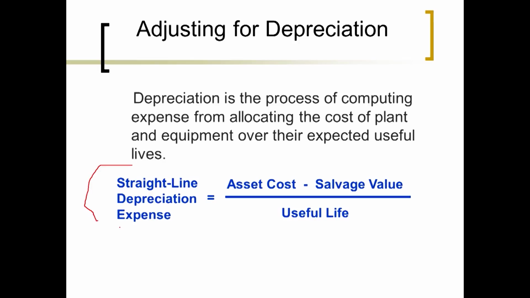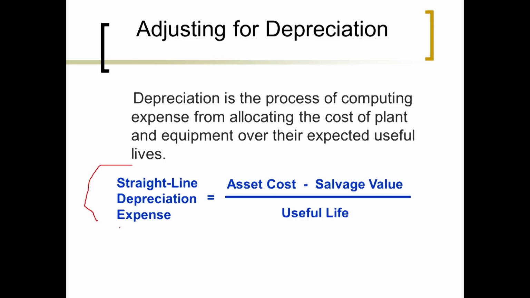That's what we think we could sell the asset for at the end of its useful life. In the example we just did, Jessa, we used 0. But let's say you think you'll be able to sell it for something at the end of its useful life. That's its salvage or residual value. So we calculate depreciation by taking the asset cost minus the salvage value divided by the useful life of the asset. And that's just an estimate.